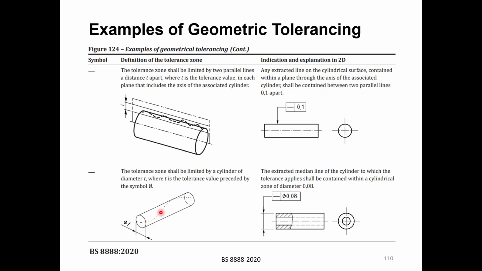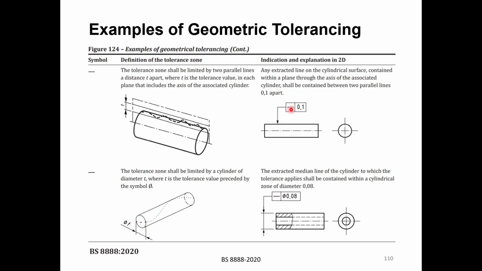So, for example, this dotted line here is an exaggerated line, but it says even if this line has this shape, as long as it is within this cylinder, it is acceptable. And this is what is meant by this phi 0.08. So when it says phi and then gives you a tolerance value, it means that you should consider the tolerance zone as a cylinder.